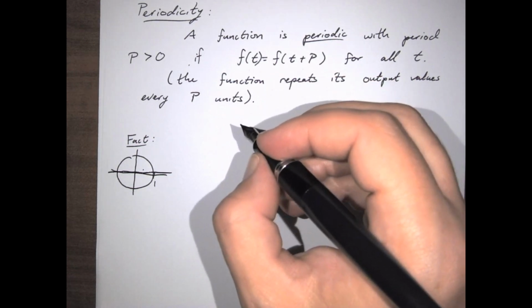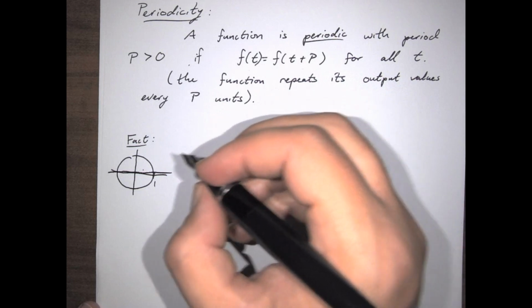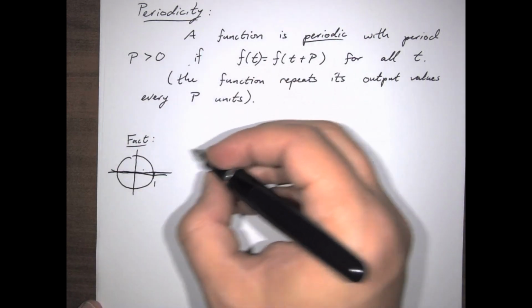So all of the trigonometric functions that involve either just the x or just the y will repeat with period 1 full rotation.